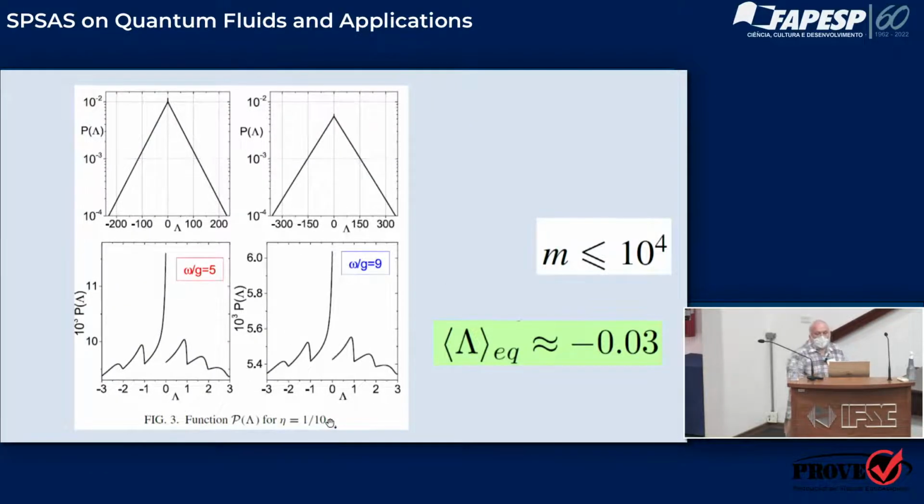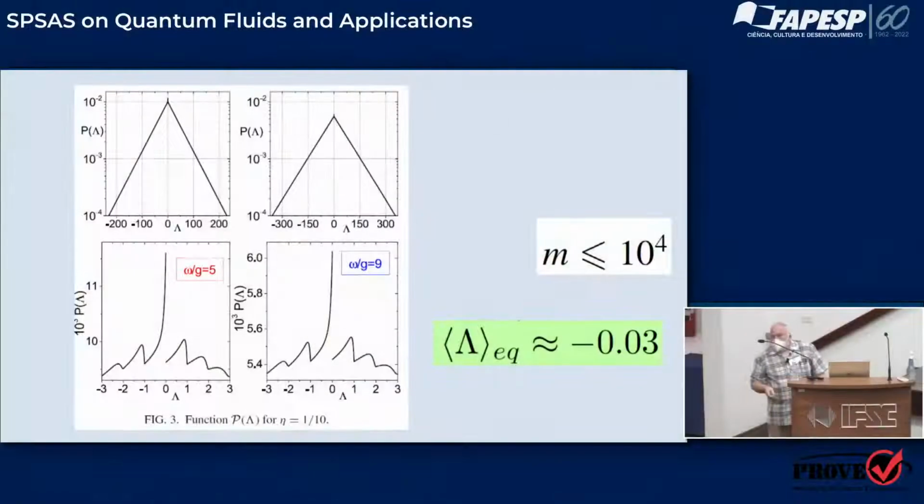Parameter eta 1 over 10, and we needed about 10,000 terms in the sum in order to have normalization equal to 1 with precision about 10 to minus 3. Okay? And you see what happens.